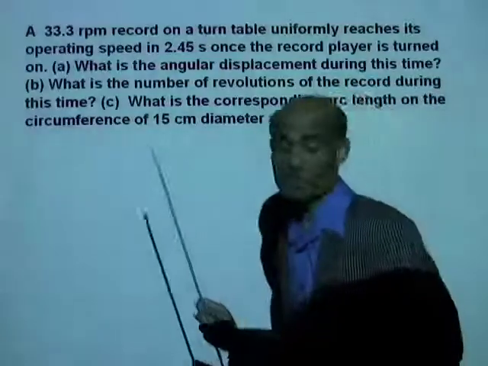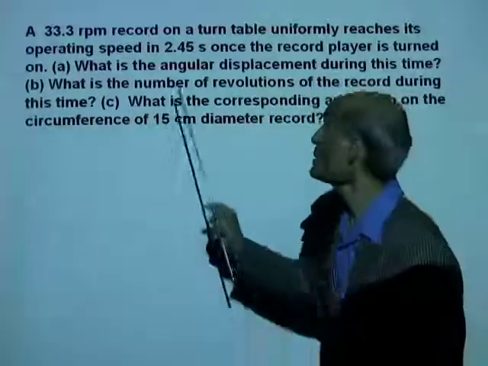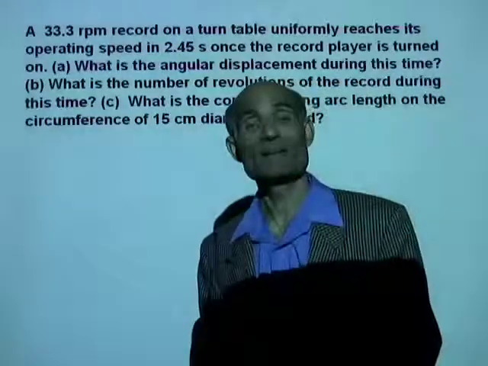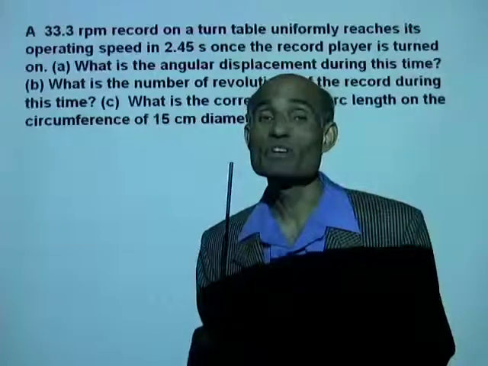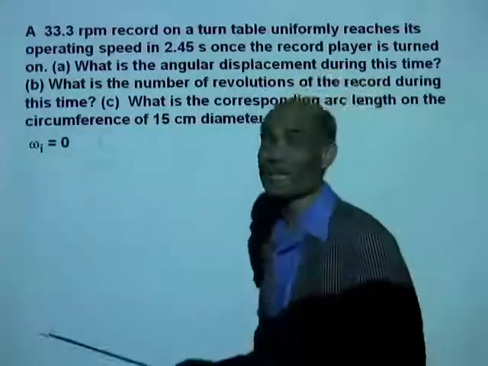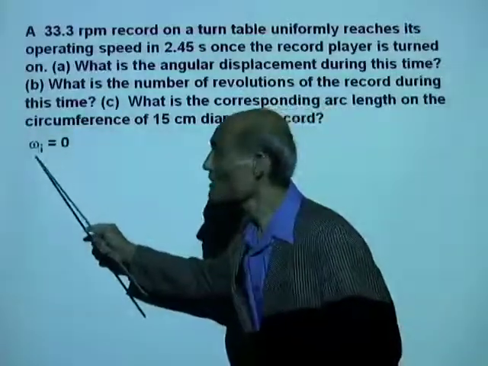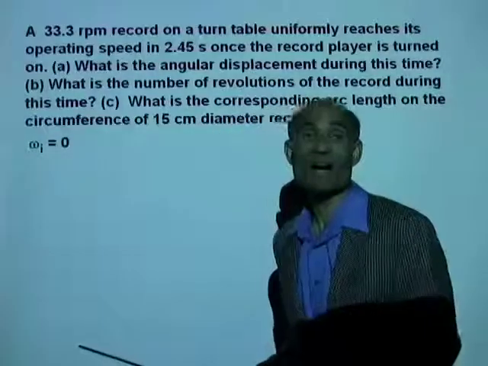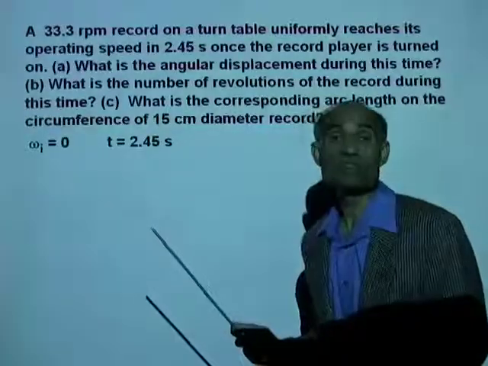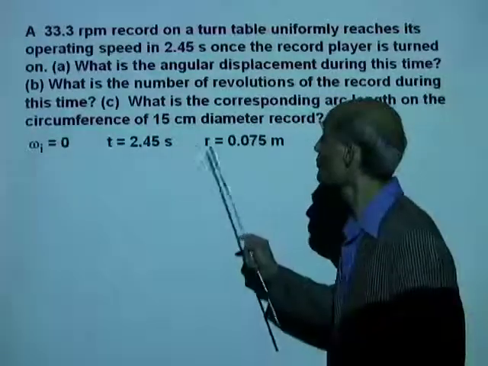Alright, first of all we need to find the angular displacement. Well, that means we need to find the angular acceleration. So let's pick our data. Initial angular velocity omega i equal to 0. T is 2.45 seconds.